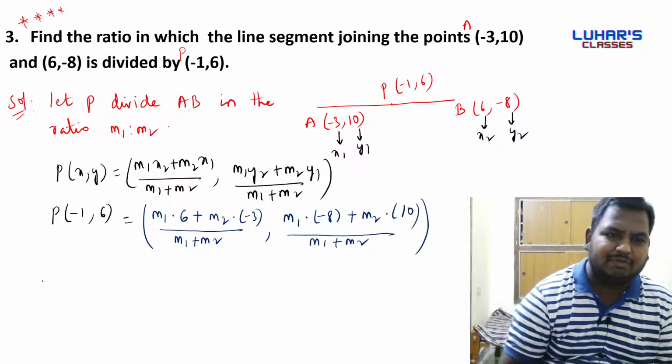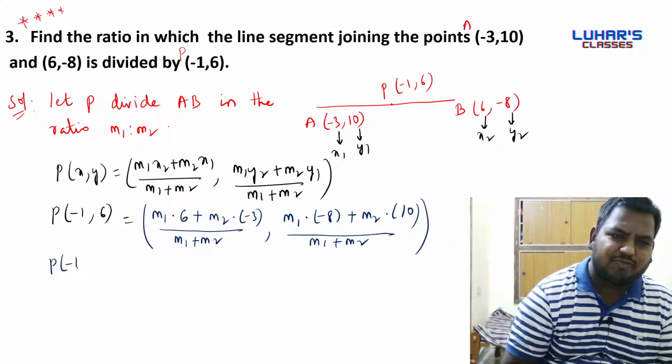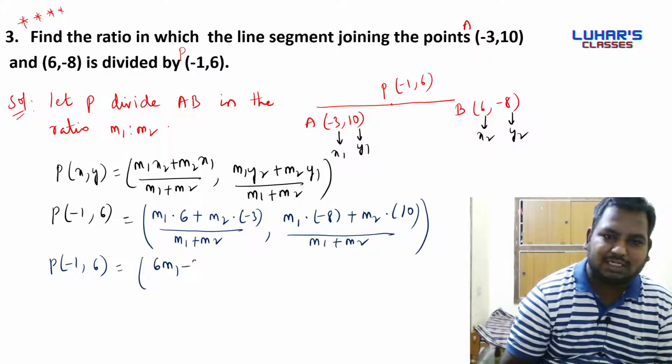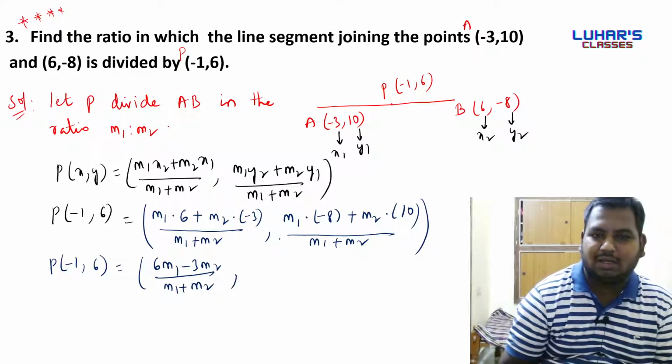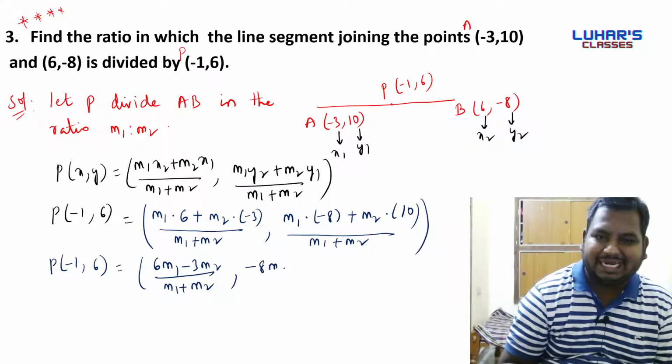P of -1 comma 6 is equal to 6m1 minus 3m2 by m1 plus m2, comma, minus 8m1 plus 10m2 by m1 plus m2.